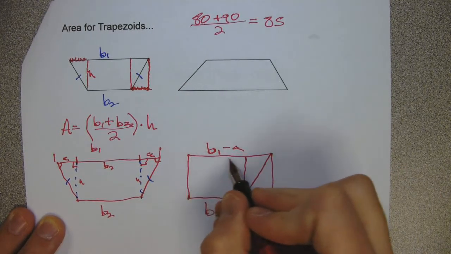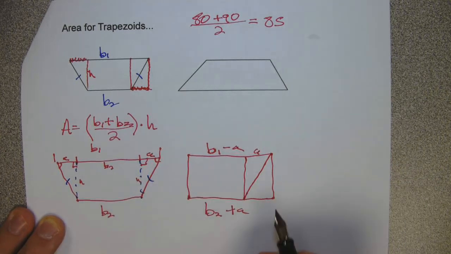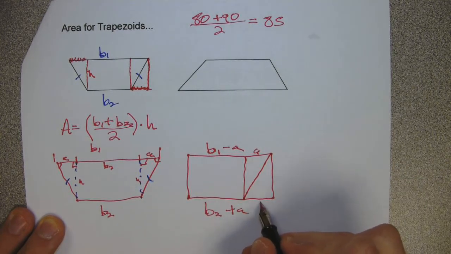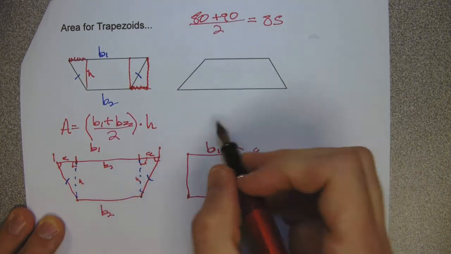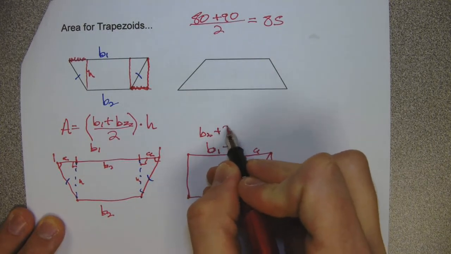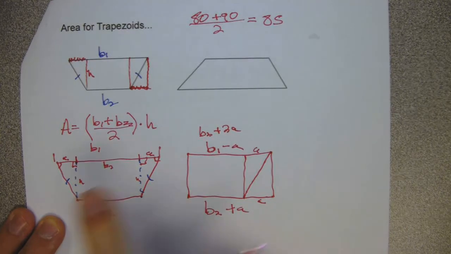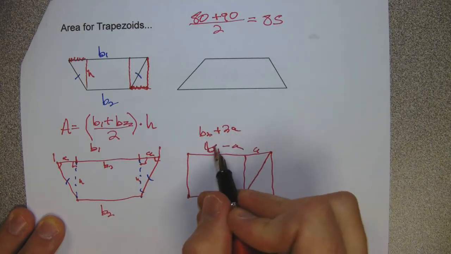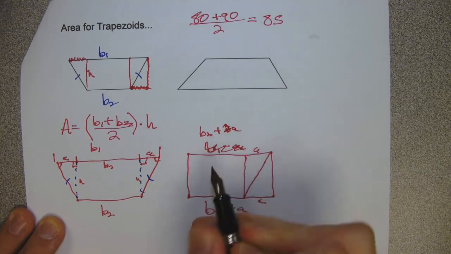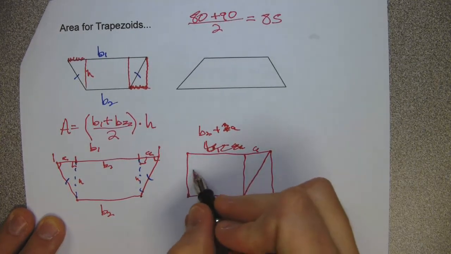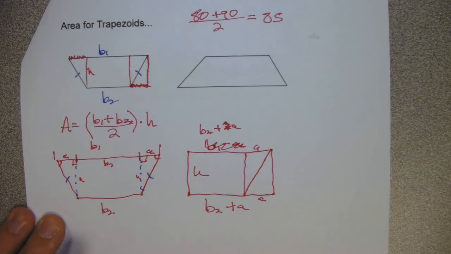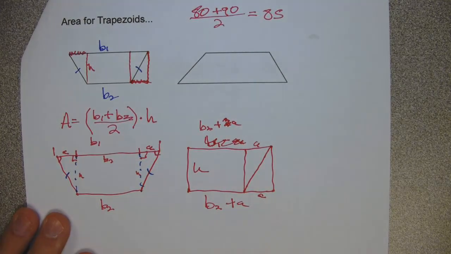Right? Because this was B1 and it had one of its A's removed. This is B2 with one of the A's tacked on. And notice, B1 could be rewritten as B2 plus 2 A's. Cool. Well, I just took one of those A's off. So B2 plus A, B2 plus A. Cool. And then, of course, multiplied by our height. So that gives you a kind of informal way of proving that.